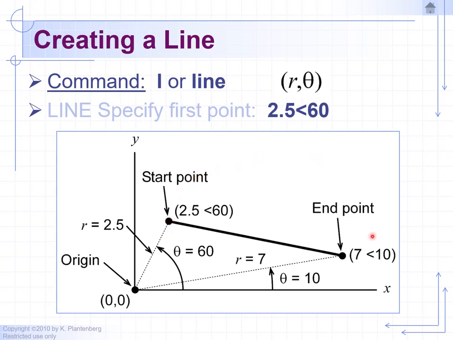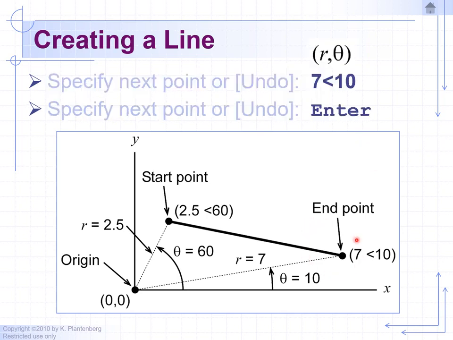Now let's locate our next point. To locate our second endpoint, it's a length of 7 with respect to the origin, and then you rotate counterclockwise 10 degrees. So how do we type that in? So again, R is our length, so 7 is the length from the origin.